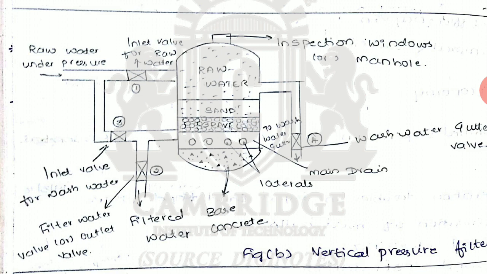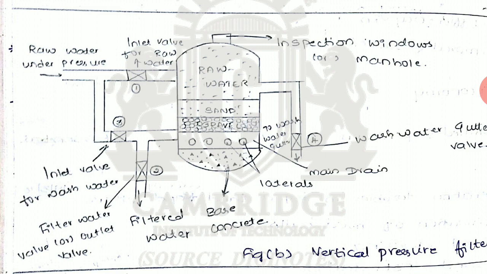The same arrangement is provided with the cylinder, a metallic body cylinder, but the cylinder is placed vertically, and the inlet and the outlet valve are provided on one side. At the top the inlet valve is provided, and at the bottom the outlet valve is provided.